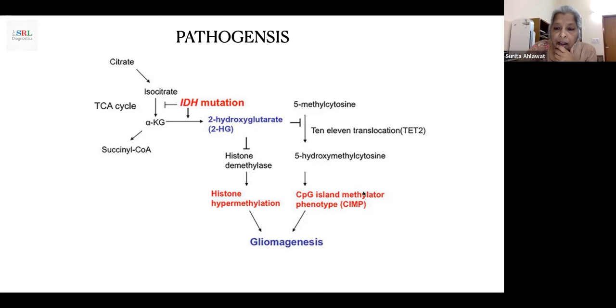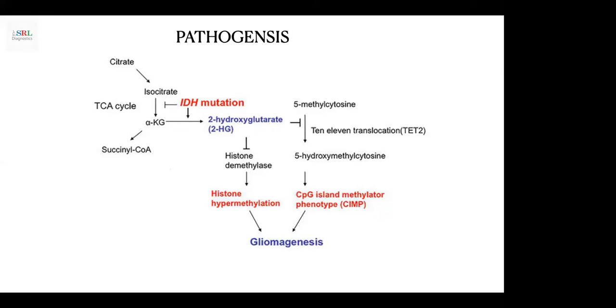So when these islands are formed because of the DNA methylation, they acquire this phenotype, and they can produce glioma, or gliomagenesis can happen in a tissue which has IDH mutation.